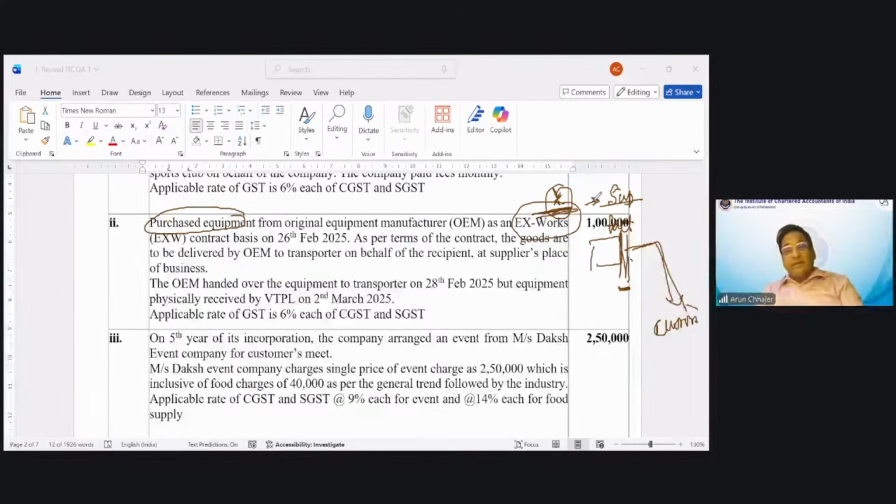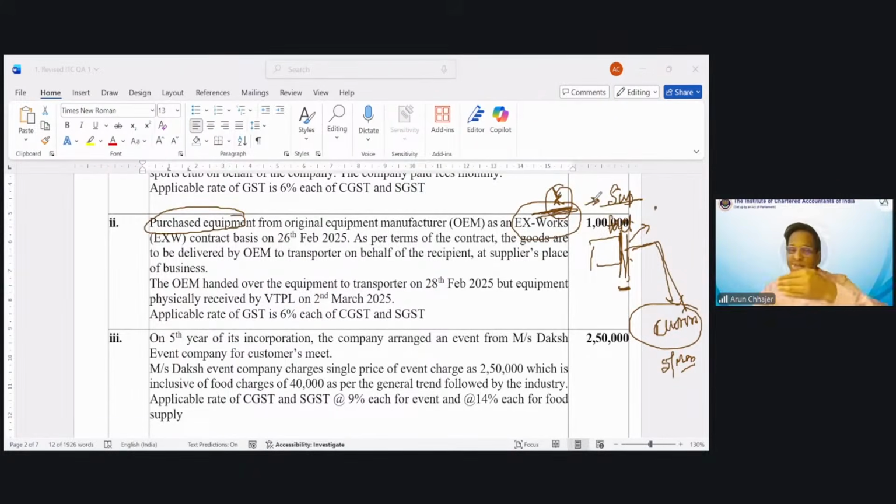So customer is receiving the goods physically on the 5th of March, but it will be construed, it will be deemed that he has received the goods on the day when the goods were removed from the factory.